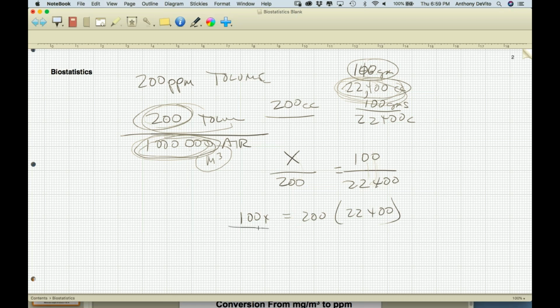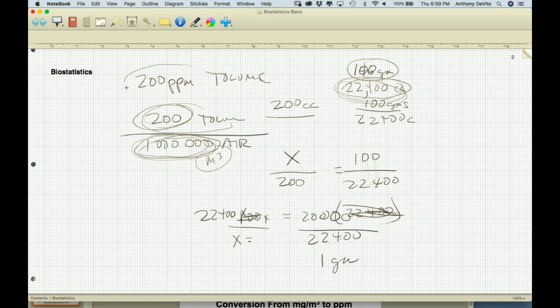Did I do this right? Oh, I'm sorry. 100X is equal to 200 times 22,400, so X is equal to 20,000 divided by 22,400. Got that right? So X is approximately 1 gram.